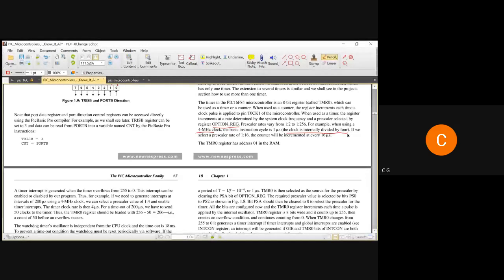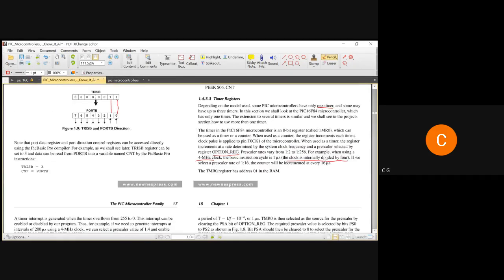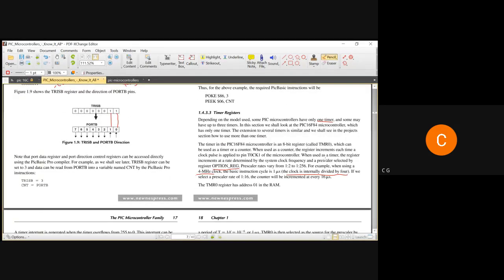After that, it gives it to the CPU. Now the CPU will give this signal to the prescaler. If you design it for 1 is to 16, then since the CPU's clock cycle is 1 microsecond because of this configuration, after 16 clock pulses the counter will increment. This is the case that can be there.